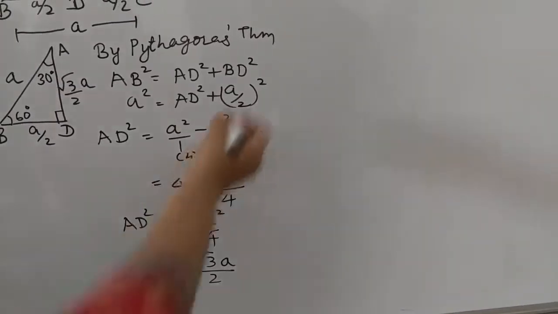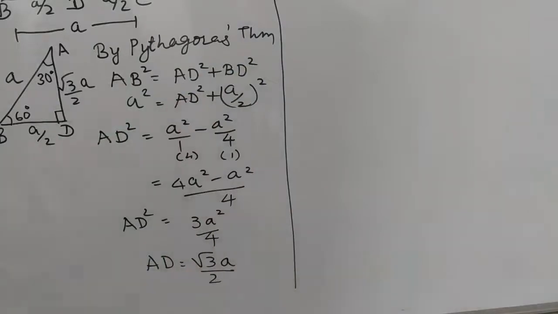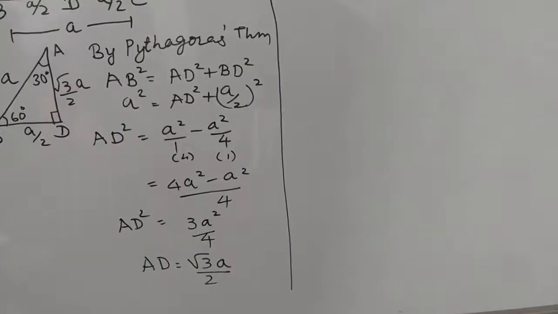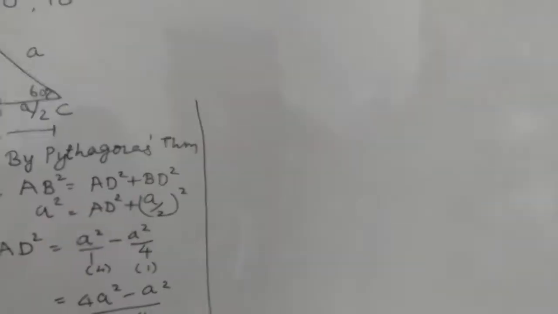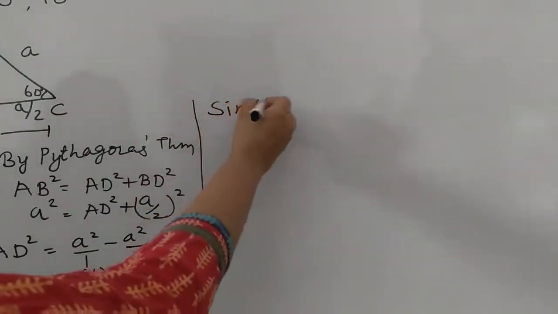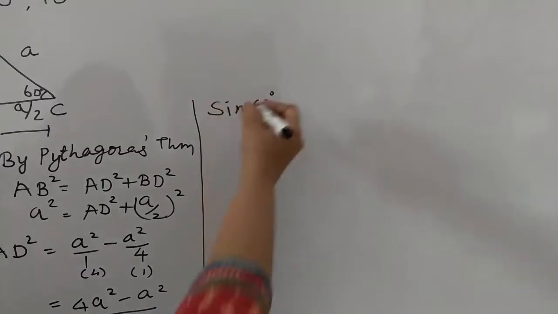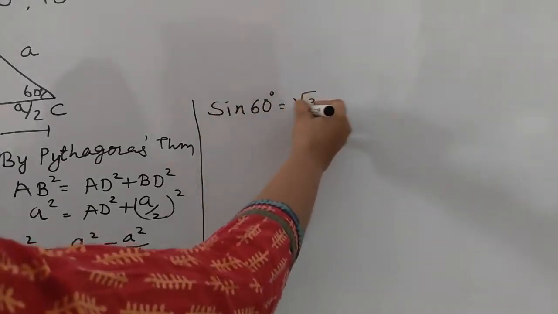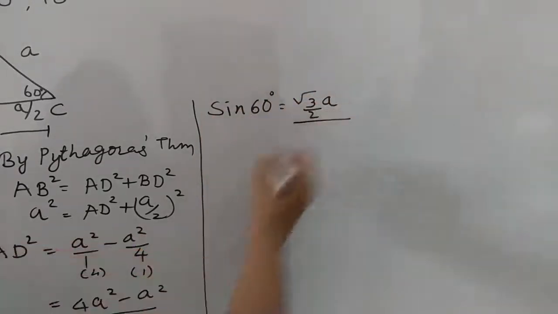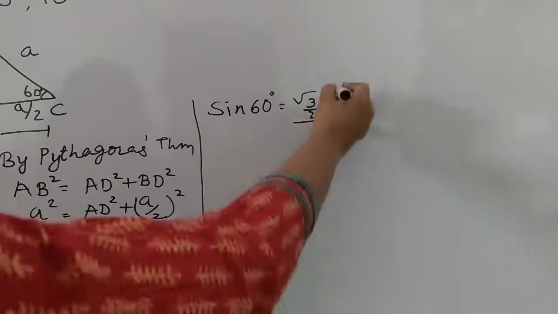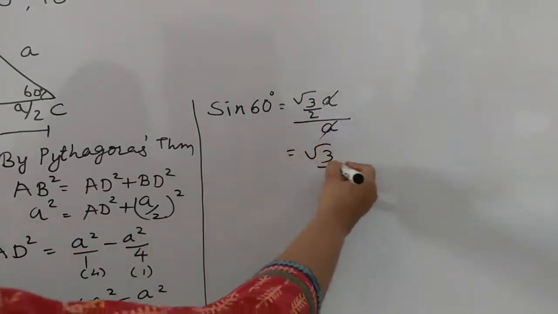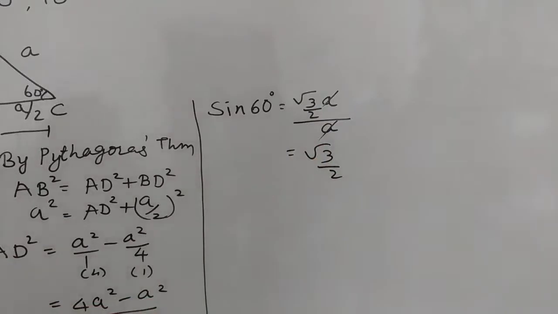Now according to our T ratios, which we studied in the previous video, I'll take first sine 60 degree. Sine 60 degree is equal to opposite upon hypotenuse. The opposite is root 3 by 2 A and the hypotenuse is A. So this A gets cancelled and I get sine 60 degree equal to root 3 by 2.